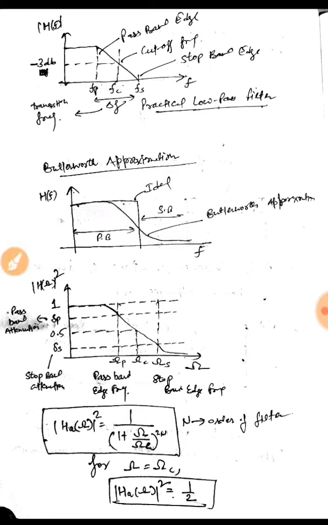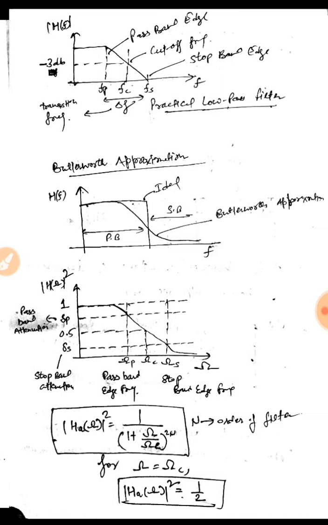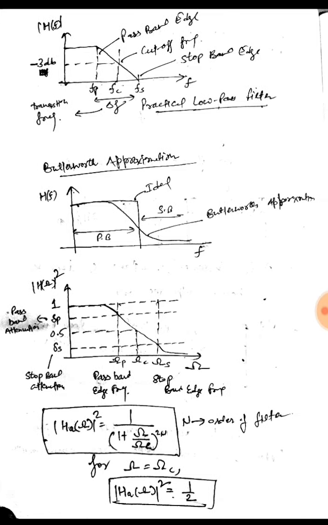So let's see. If this is our maximum value, 1, and this is delta p, that is the pass band attenuation, and this is the stop band attenuation.